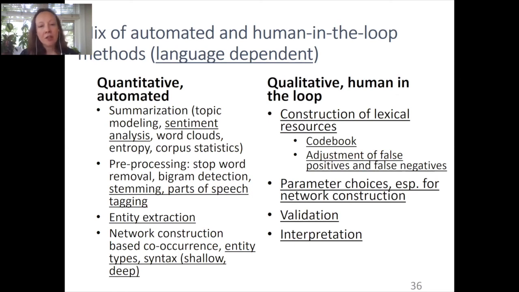For things that are underlined, different methods and models and maybe tools would be necessary if you wanted to work with different languages. You have seen summarization techniques, you have seen pre-processing techniques, you have seen entity extraction from text data, and you have seen how we used a very simple method, namely collocation-based methods, in order to connect these entities.